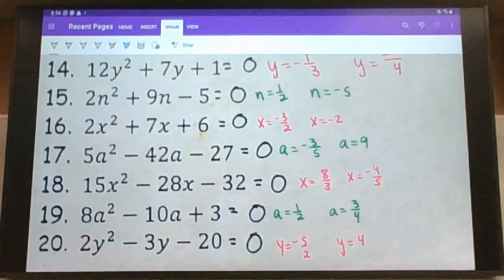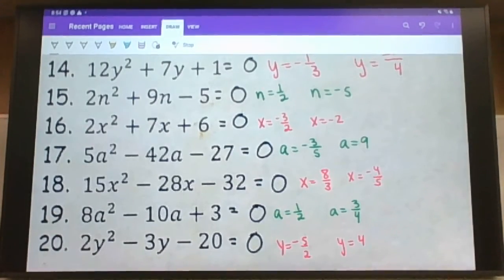Does anybody have any question about this factoring practice? It was a lot of problems. Okay, so you guys grabbing your books, that's good.